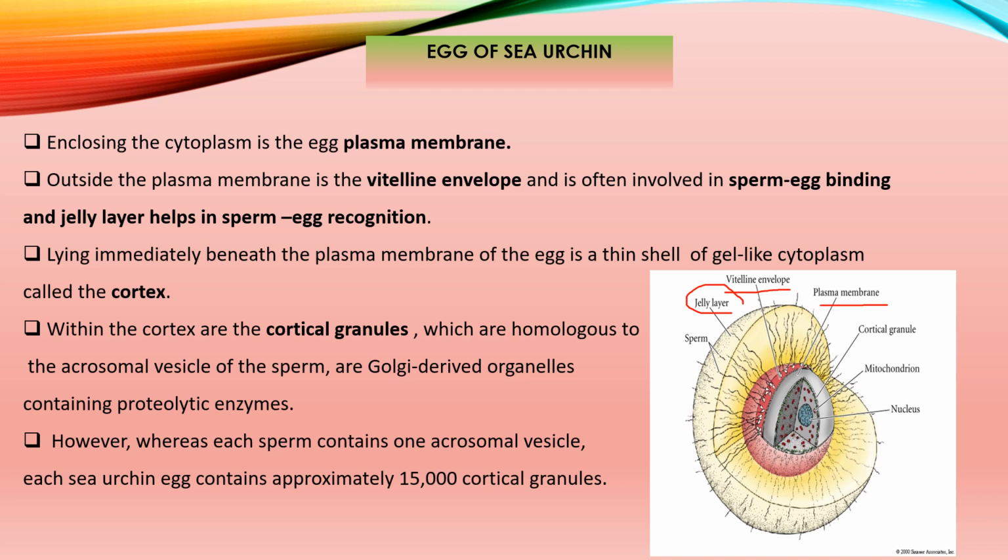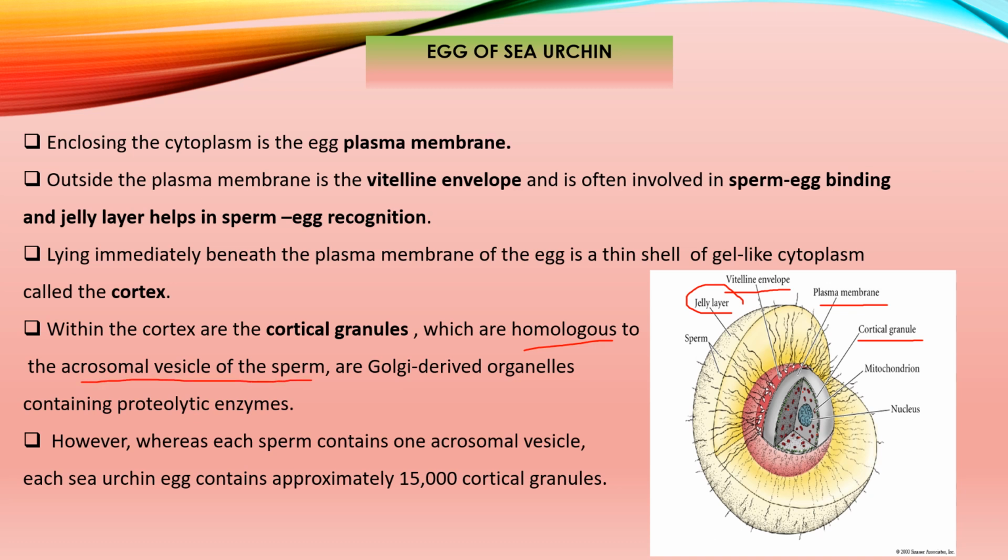Then inside the plasma membrane there is a cortex. It is filled with cortical granules. As you see, the red dots are the cortical granules. The cortical granules are derived from the Golgi complex, and this structure is homologous to the acrosomal vesicle of the sperm.